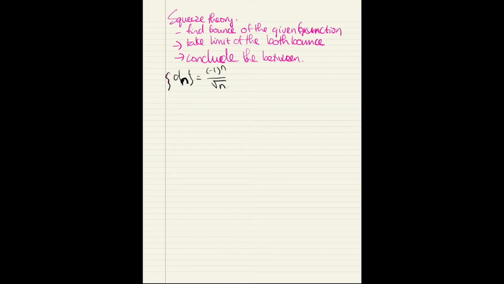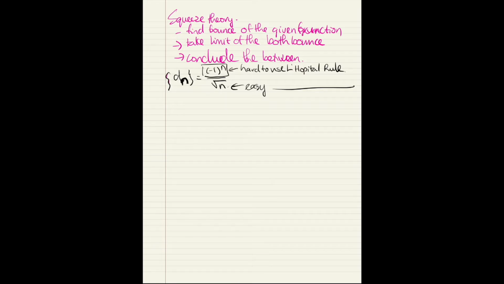If you try to use L'Hopital's rule, you cannot, because the derivative of this one is hard to use with L'Hopital's rule. The other one is easy to use L'Hopital's rule on. That is why you have to use the squeeze theorem.